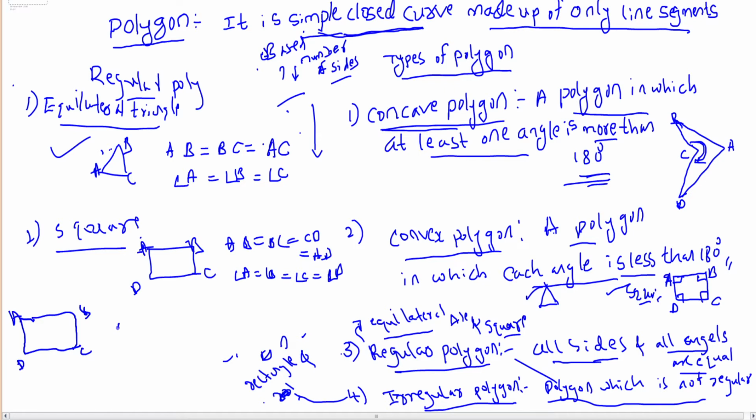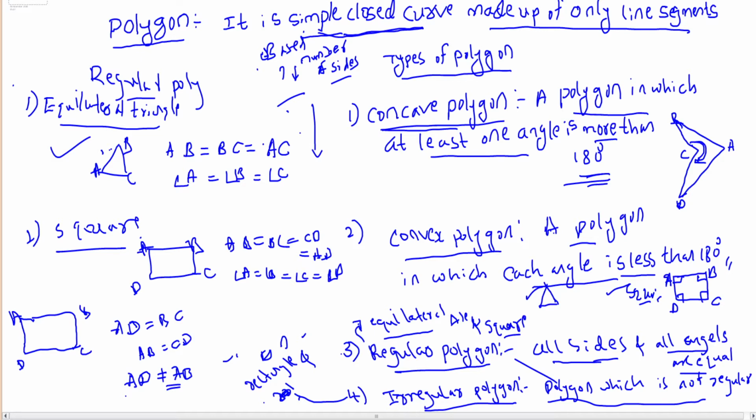We know that in a rectangle AD is equal to BC, and AB is equal to CD, but all the sides are not equal. AD is not equal to AB. Therefore the rectangle is not regular; it is an irregular polygon.